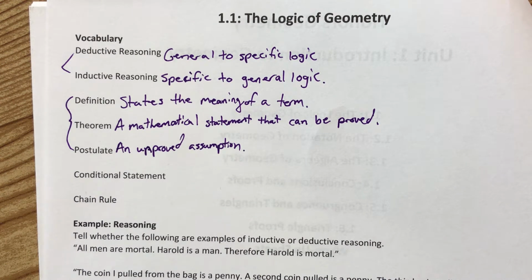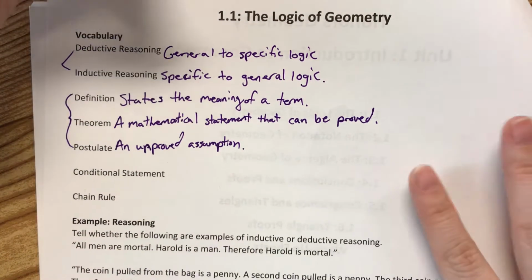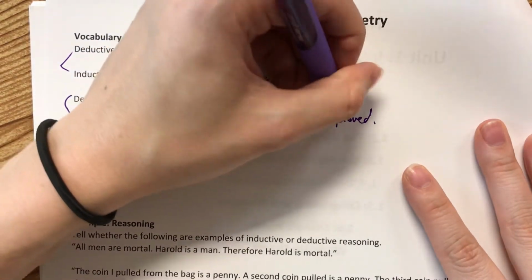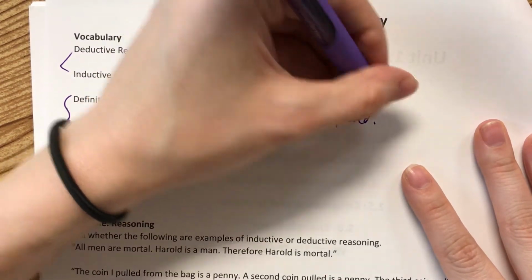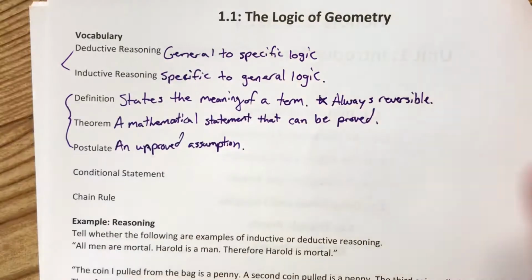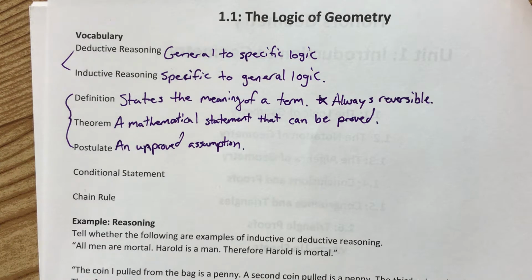There is one main difference between them, though, with how they can be used. A definition is always reversible. That means that if you have a definition, you can use it both ways. Say the definition is a square is a parallelogram with 4 equal sides and 4 right angles.